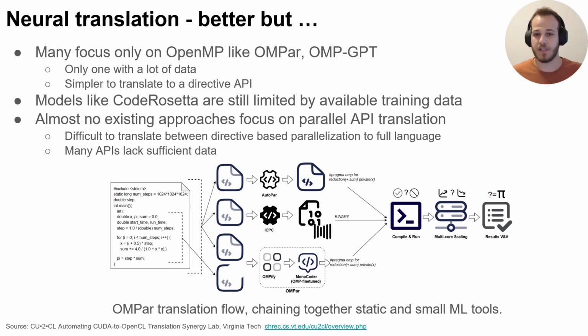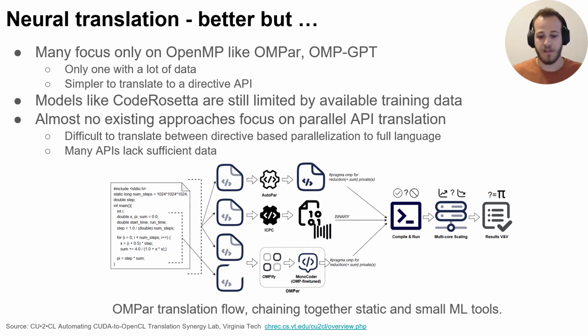And also, since it's directive-based, works like OMPAL can focus on each parallelization loop individually. And so the early neural networks that don't have enough context can focus on specific loops and parallelize them individually. And even when you look at CodeRosetta, for example, that works on CUDA, it's still only one language and only the one with the most data available. And also, most of these works focus on parallelization and not translation between parallel APIs.